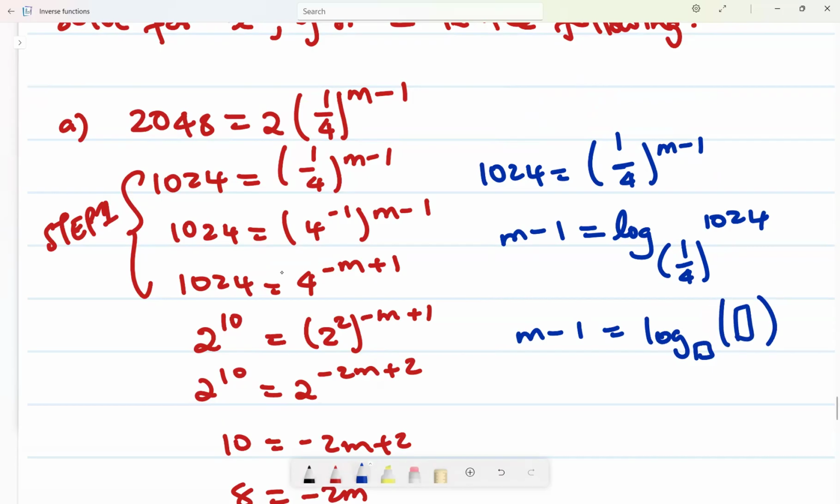On the small block, I punch 1 divided by 4. You don't need to include it inside the bracket. Then the exponent there is 1024. How much do I get? I get negative 5. So therefore I can solve for m: m is equal to negative 5 plus 1, which is negative 4.